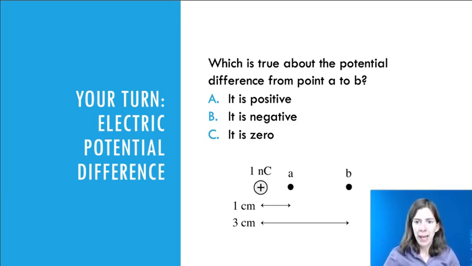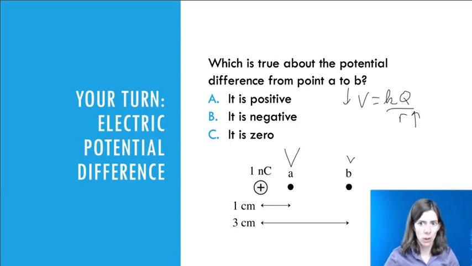At point A, we are closer to the source. So we have a bigger potential at point A than we do at point B. Remember the equation for potential that we learned in the previous video, kQ over r. As r gets bigger, the potential gets smaller. So from A to B, we're going to a lower potential.